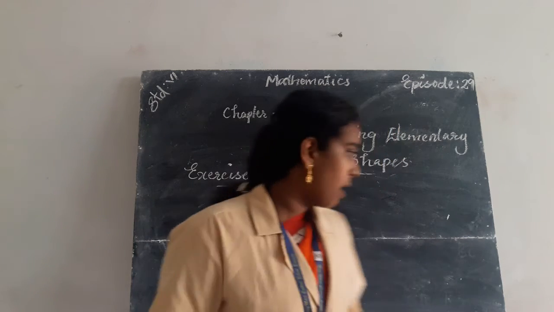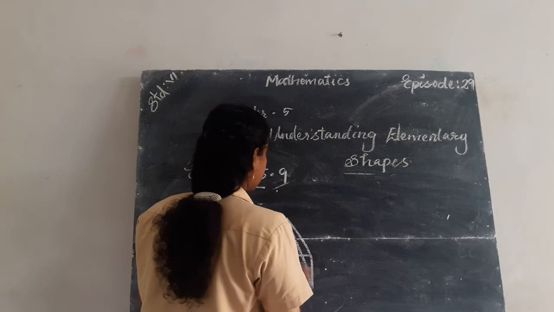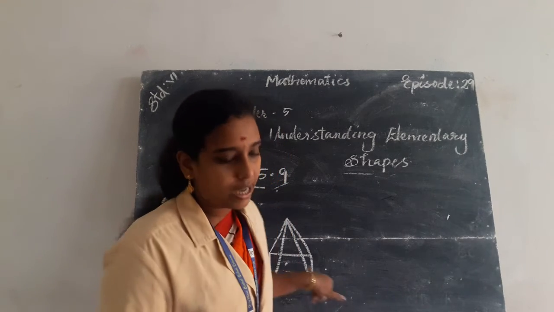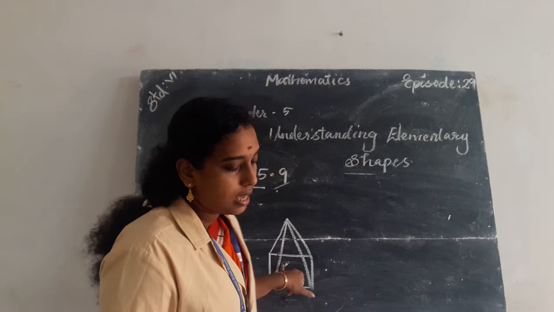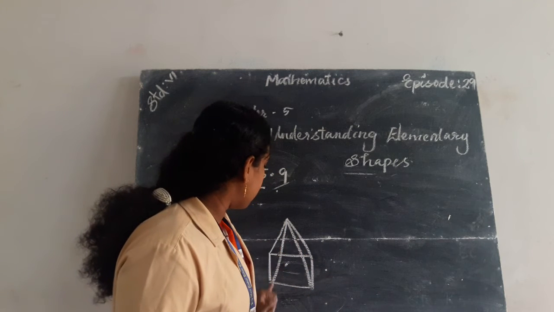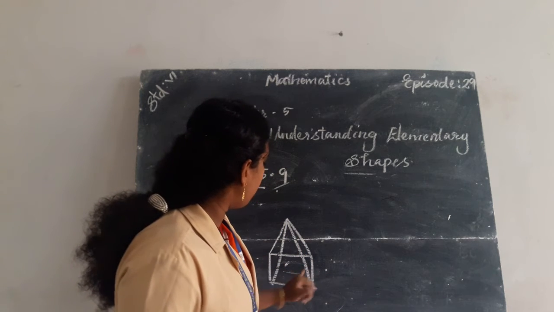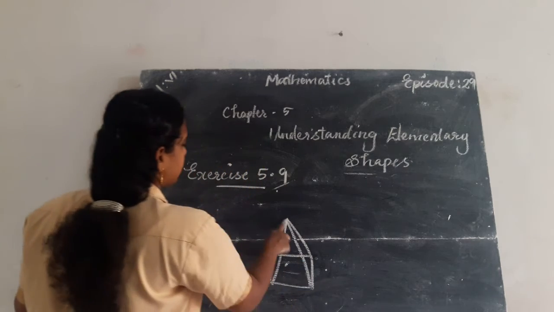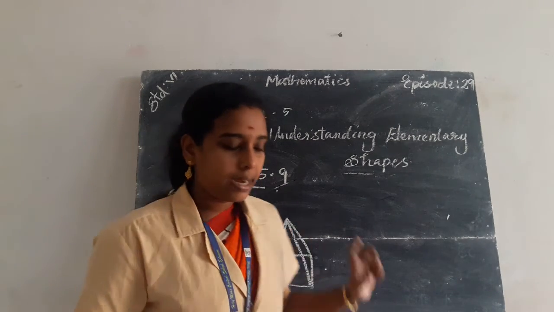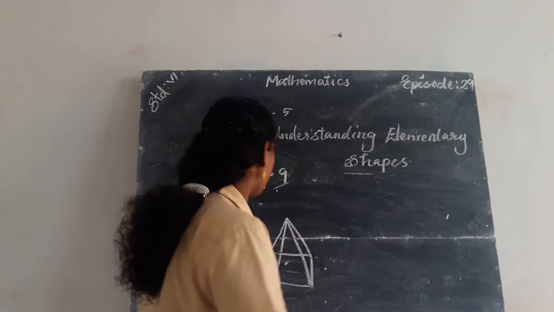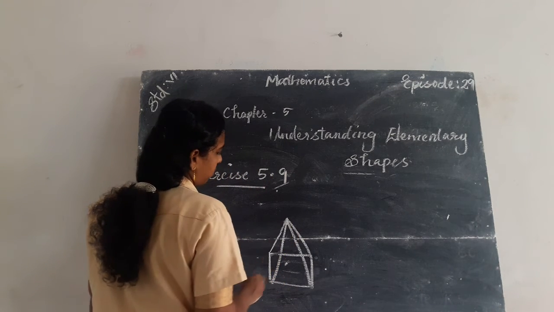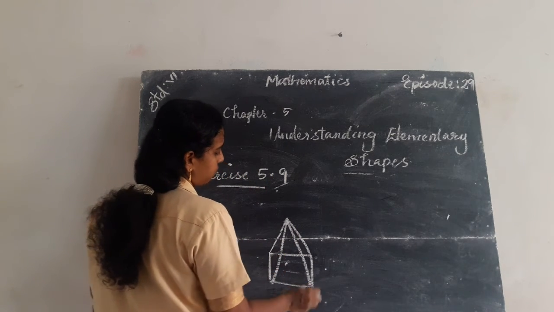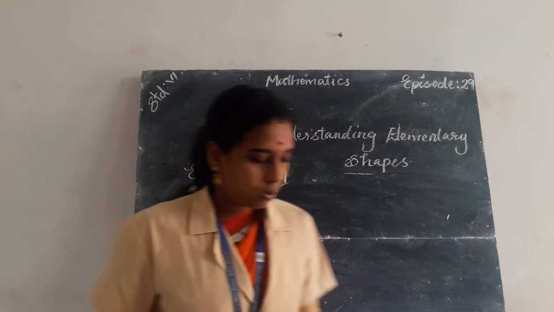And a square pyramid has 5 faces. The flat surfaces are called faces. Then 8 edges: 1, 2, 3, 4, 5, 6, 7, 8. And this is one of the corners: 1, 2, 3, 4.